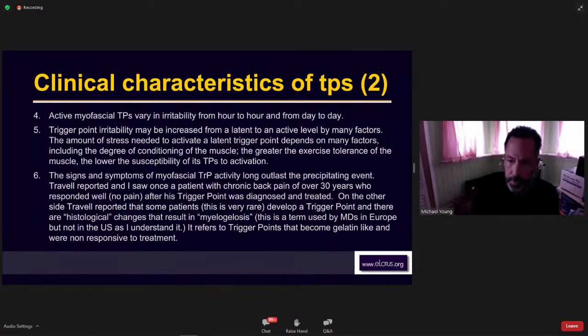Basically, Travell had some patients who did not respond, and she took a biopsy and looked at what was going on at the trigger point under a microscope, and she didn't understand it. She just knew it was like some kind of gelatin, and it made people non-treatable. Again, she didn't understand it.